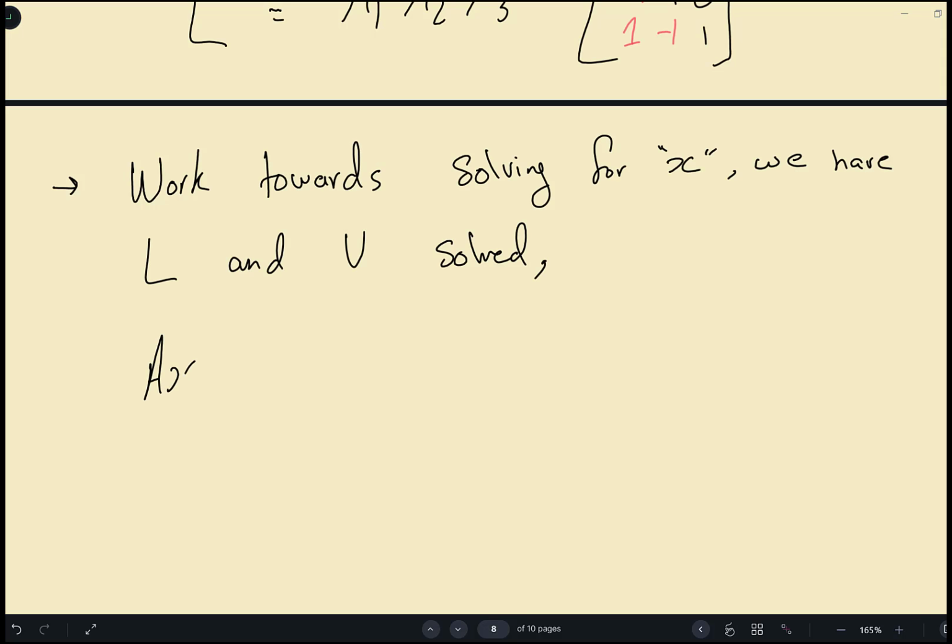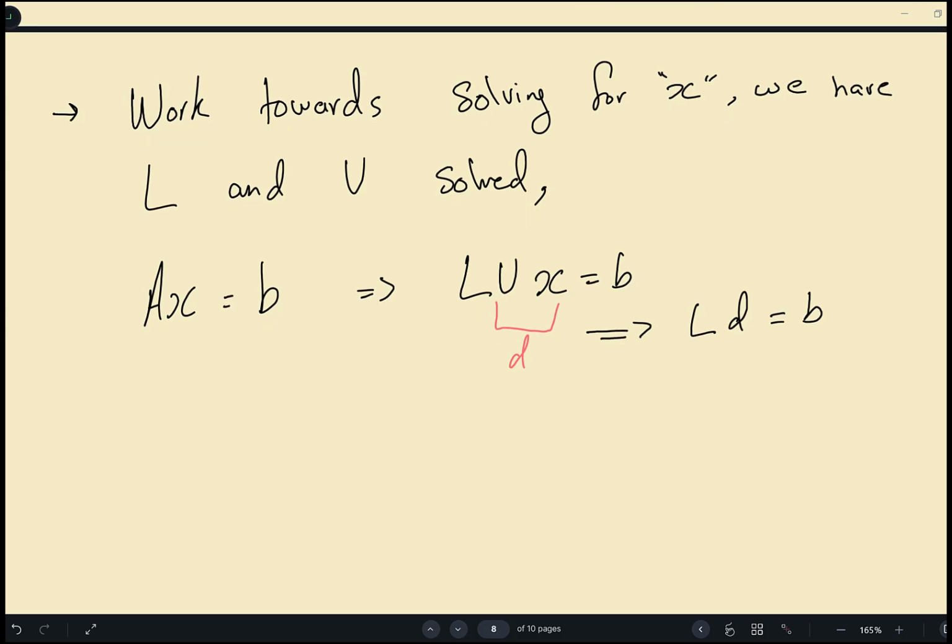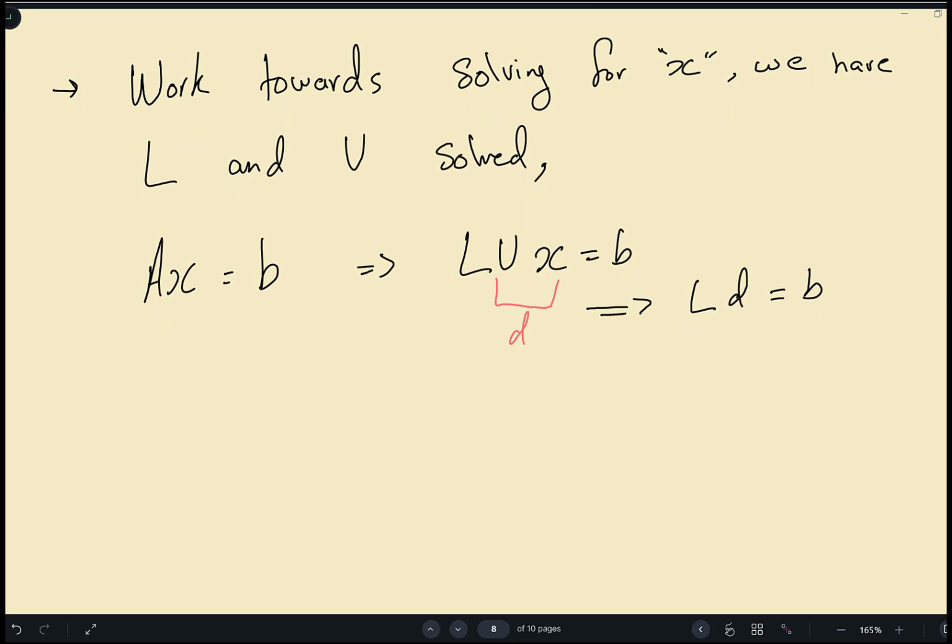So we have Ax equals b, and now we decompose it into LUx equals b. And if you recall, we let Ux equal d, and this gives us Ld equals b. We're going to solve for d first, and then solve for x afterwards.